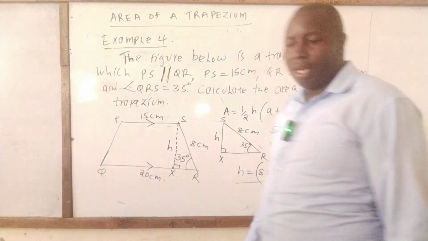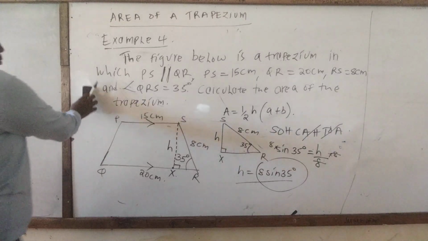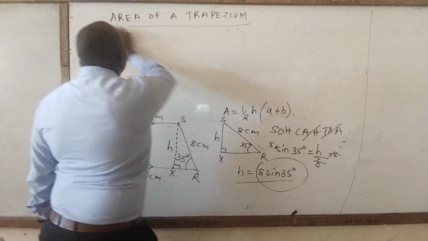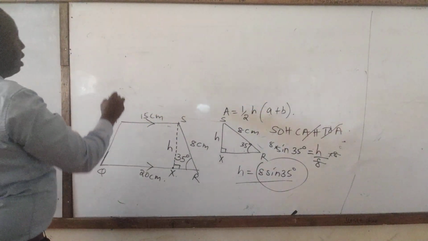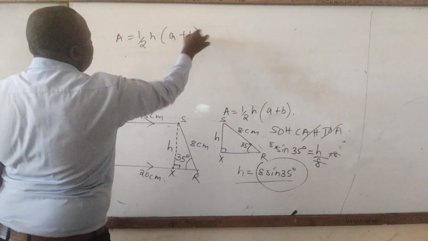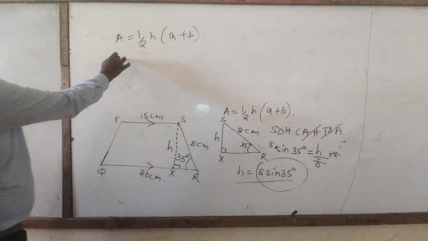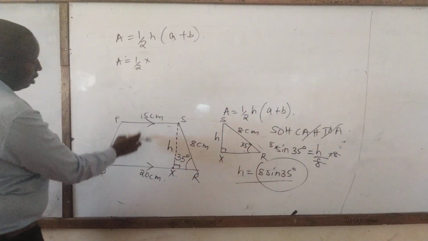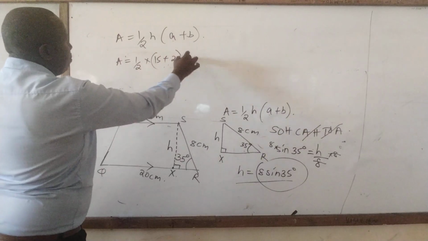Now go back to the question: find the area of the trapezium. Remember the formula: area is equal to a half h times a plus b. So the area is a half times 15 plus 20, then multiplied by the height.